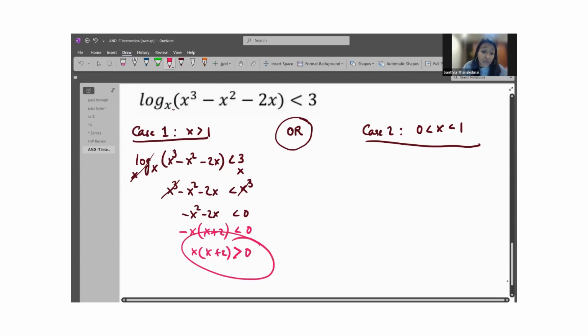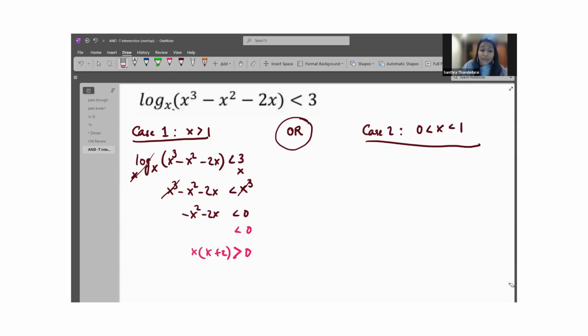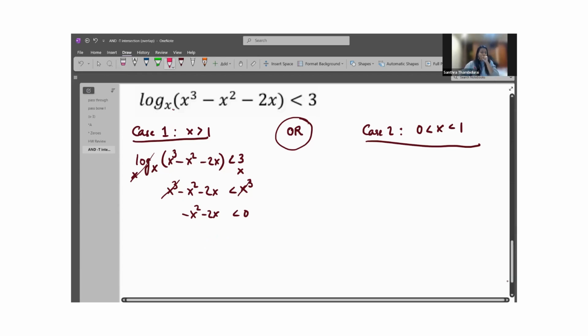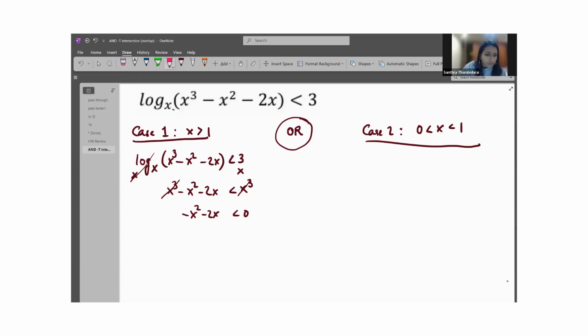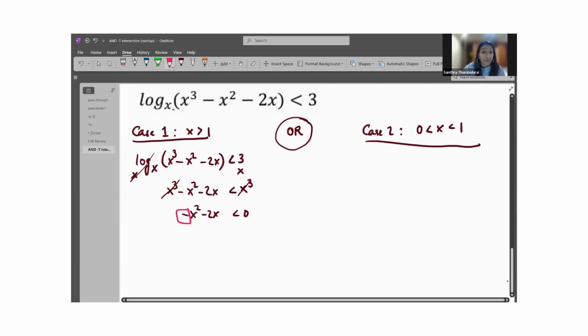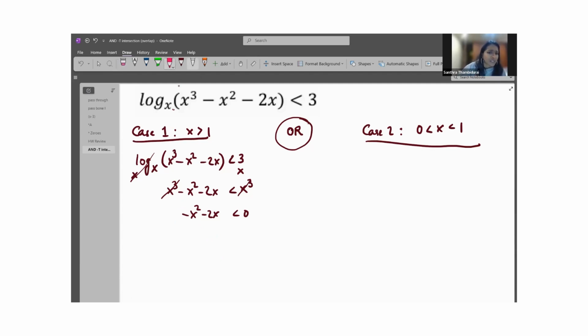So this is really what you're going to be looking at. Very important: when you have a negative leading coefficient, move it to the other side before you solve the inequality. So I'm going to move it all to the other side.